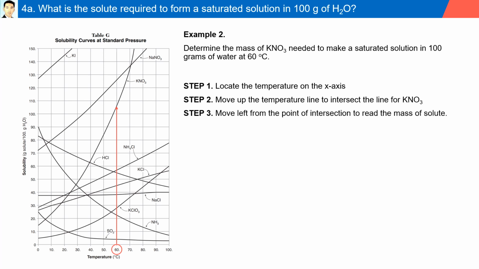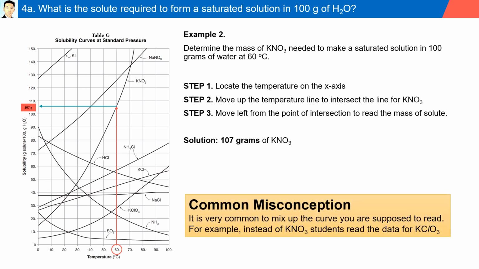Next, we move left from the point of intersection to read the mass of solute. Here it is 107 grams. A common misconception is to mix up the curve you're supposed to read. For example, instead of reading KNO3, you may read the data for KClO3.